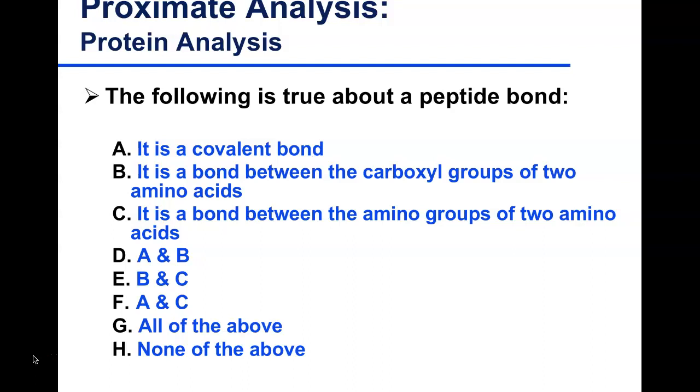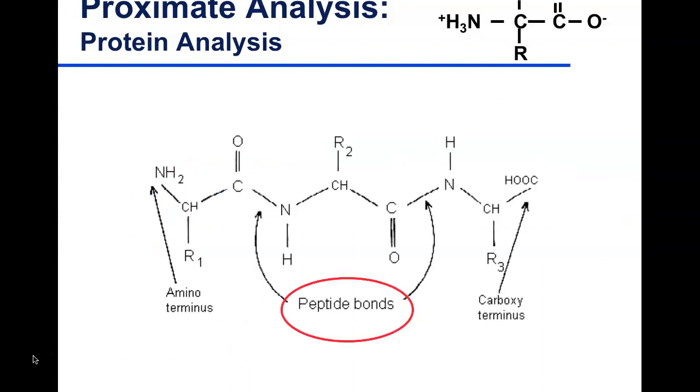It is A. So what it is actually is the covalent bond between the carboxyl and the amine group. And we care about these peptide bonds when it comes to protein quantification, because as we're going to talk about, they can absorb light at 220 nanometers, and we'll get there.